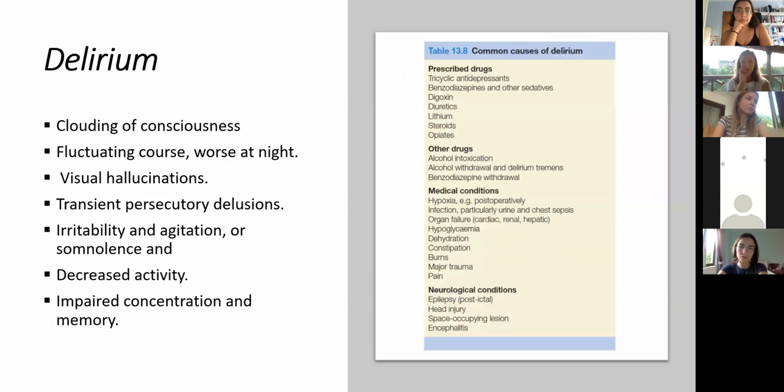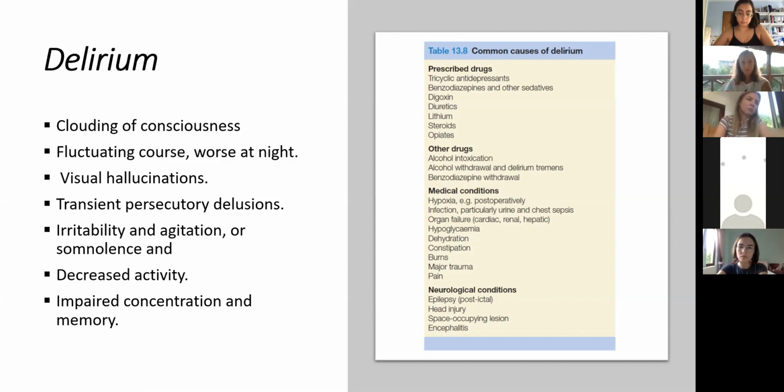Another disease is called delirium. What I'm going to focus on, obviously, is the clouding of consciousness. Most of the time it is worse at night, and it is supported by hallucinations. Because people cannot differentiate what is real and what is not, they are mostly agitated, and they have bad concentration and memory.